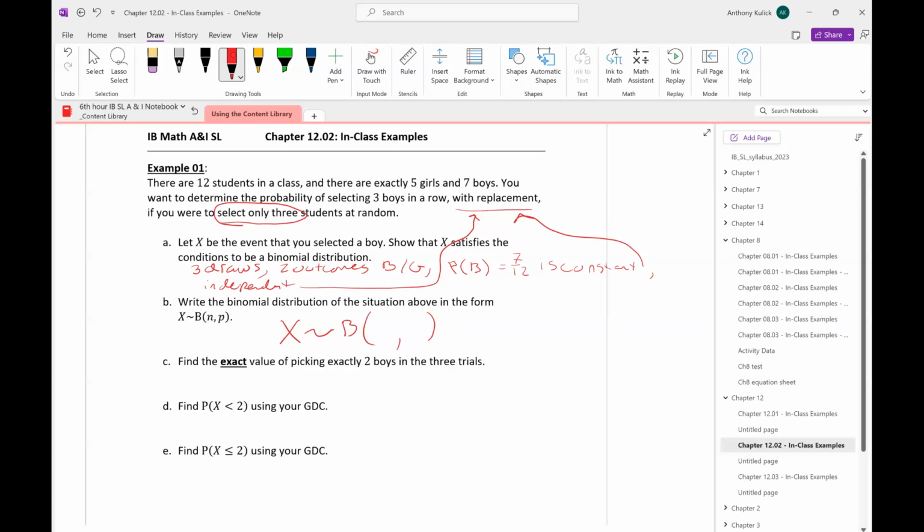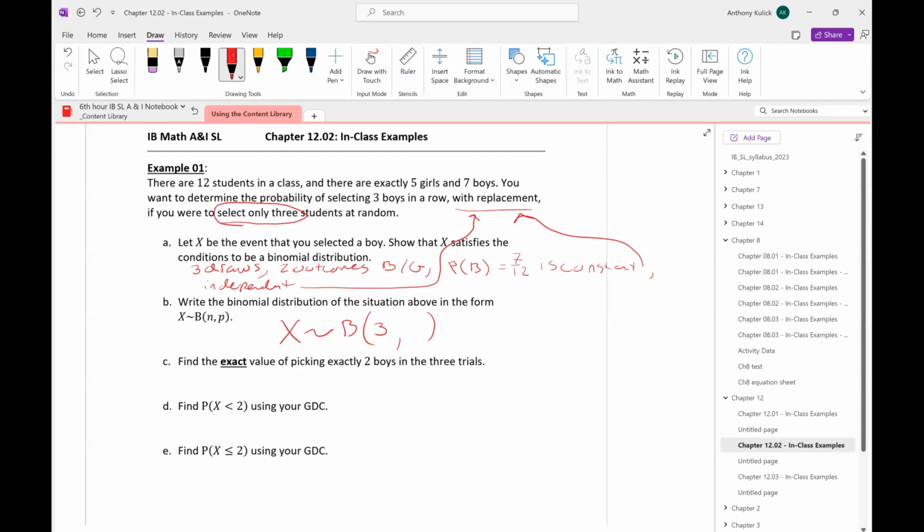Read the last line in the problem where it says, if you were to select only 3 students at random, so the number of trials is 3 because you're drawing 3 things. The P is the probability of success. So a success in this case would be the probability of getting a boy.